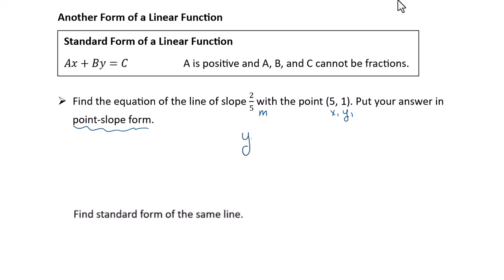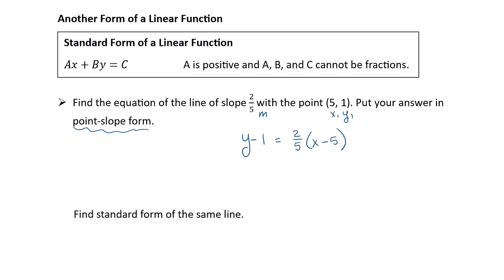I'm going to have y minus y sub 1 equals m times x minus x sub 1. Now we're going to take that equation and find the standard form of the same line. So remember, standard form, your x and your y need to both be on the left side and your constant stays on the right. So let's go ahead, multiply through.